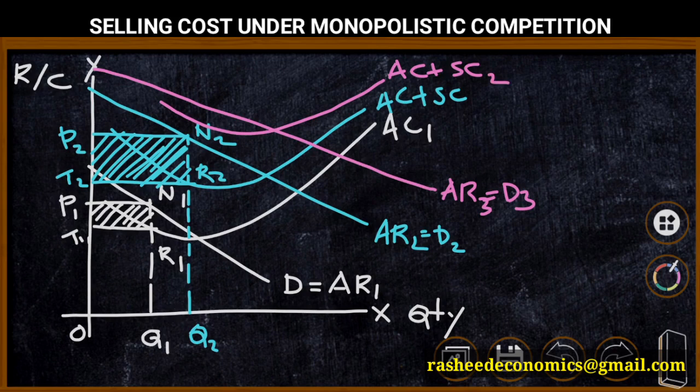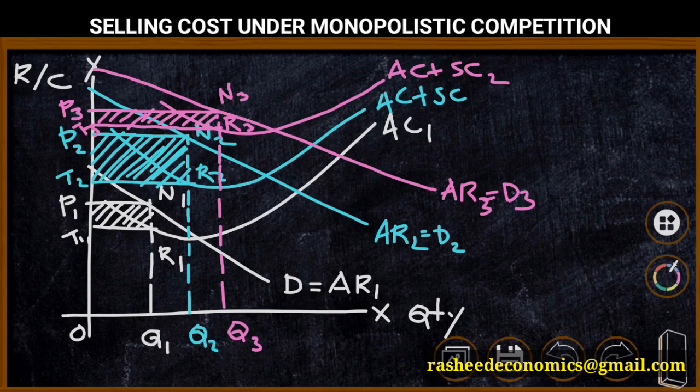Here the equilibrium quantity identified is OQ3, the corresponding price is OP3, and the total abnormal profit earned by the firm is this shaded area P3, T3, N3, R3. P3, N3, R3, T3 is the total abnormal profit enjoyed by the firm.